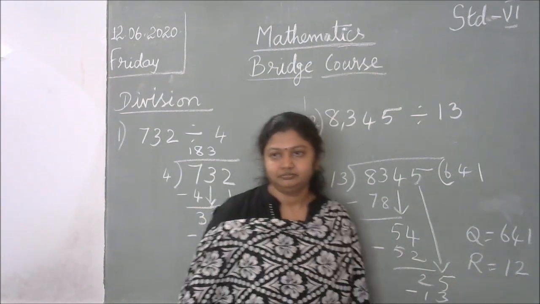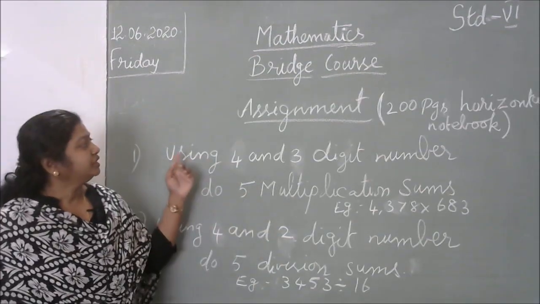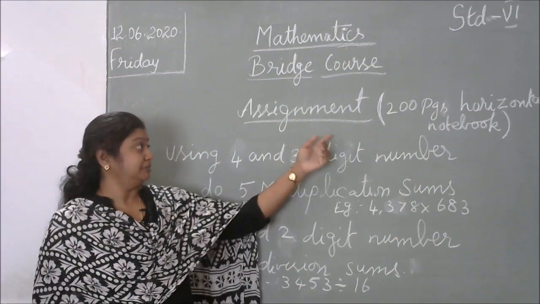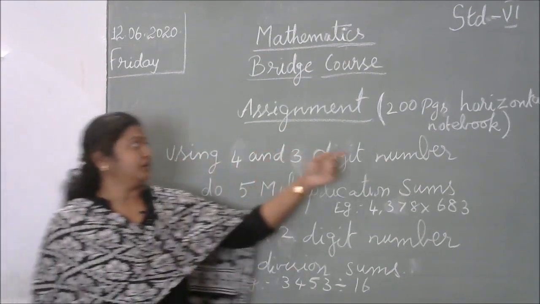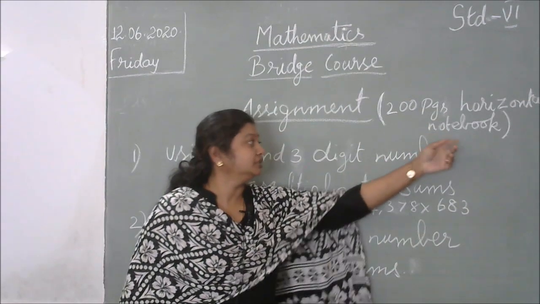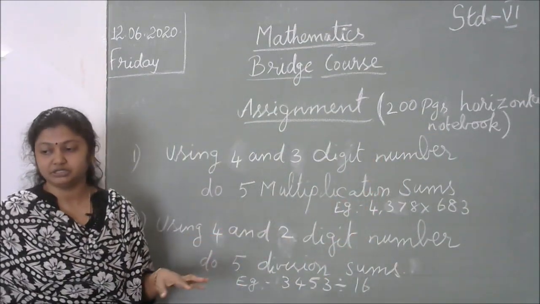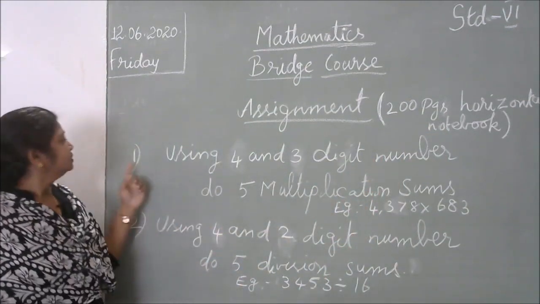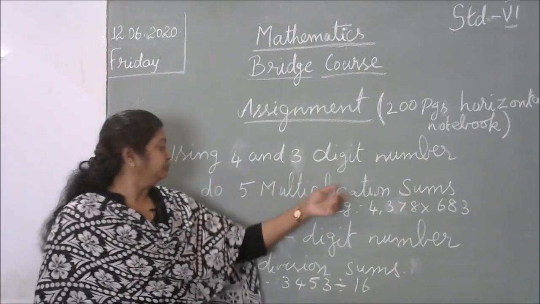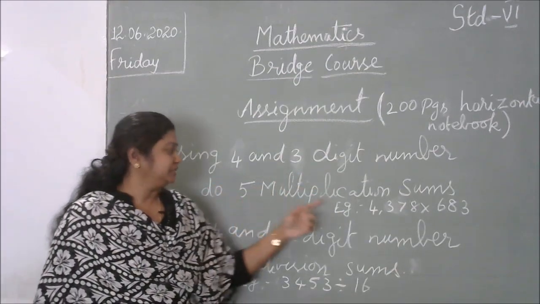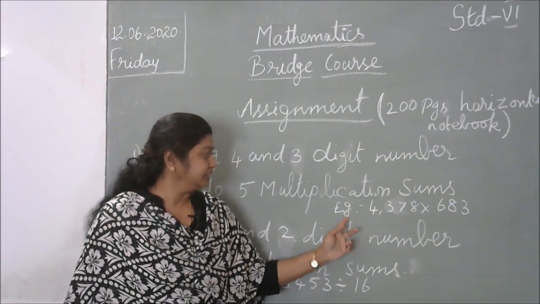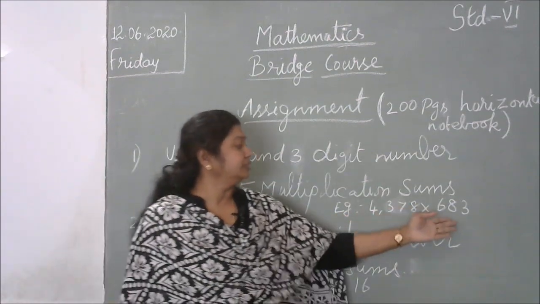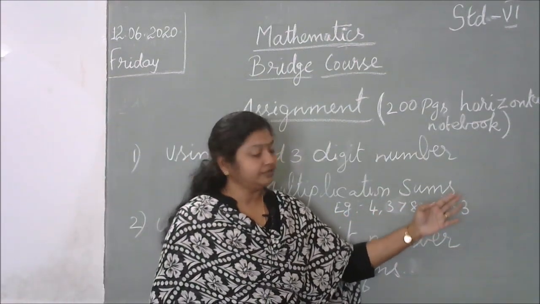Now I am going to give the second section assignment. Both sections' assignments you have to do in the 200 pages horizontal notebook, which you have to purchase from our school. Using 4 and 3 digit numbers, do 5 multiplications also. Here I have given the example of 4 digits. You can take 2 digit or 3 digit numbers also.